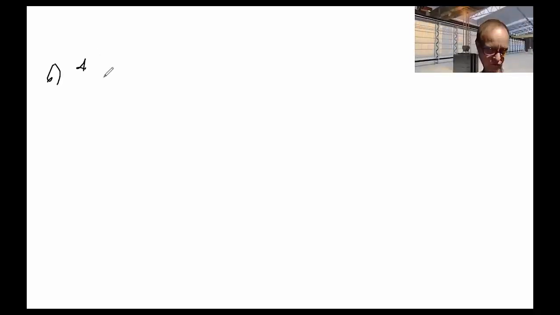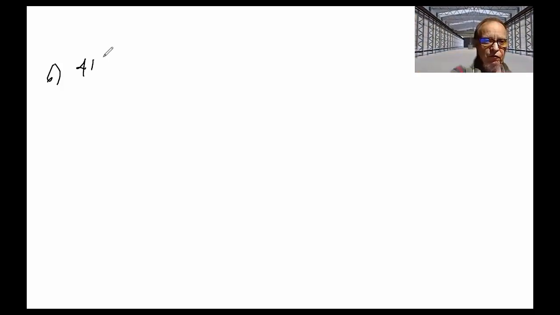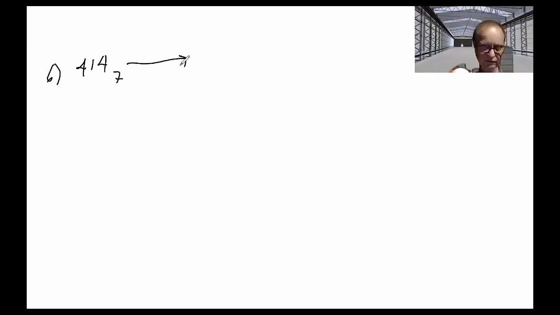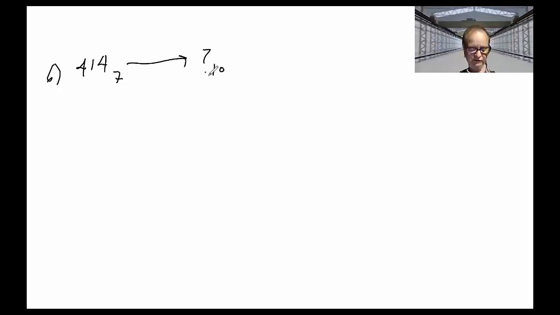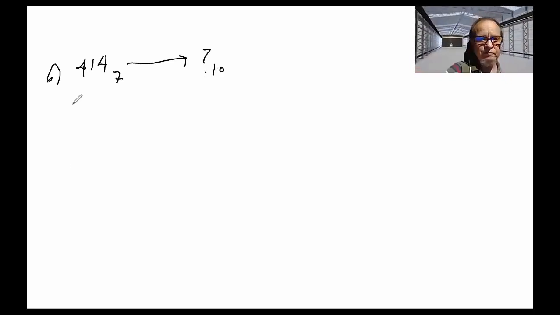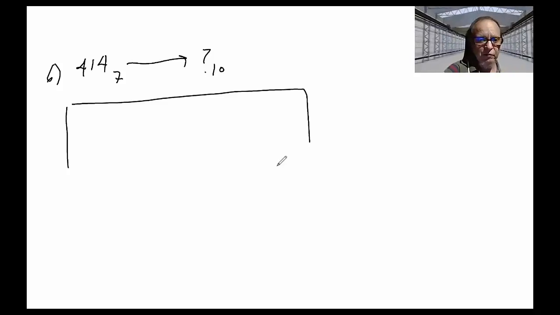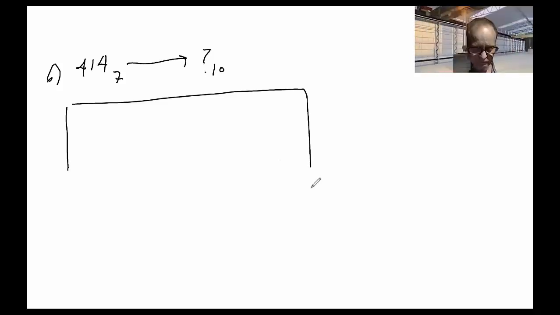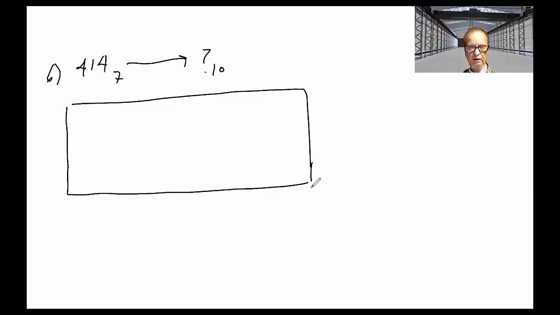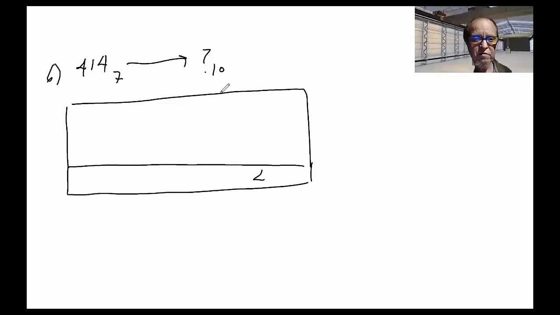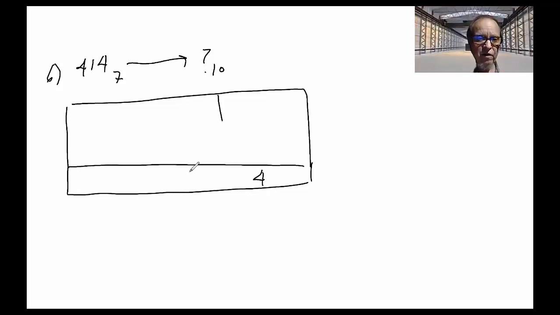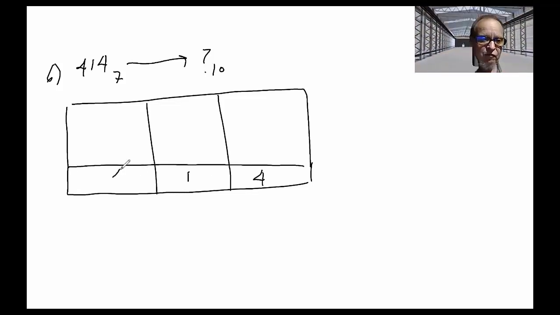Here we're going to convert 414 base 7 into its equivalent in base 10. So we want to figure out our table as we did with the other bases. And so on the bottom line here, I'll put 4, 1, 4.